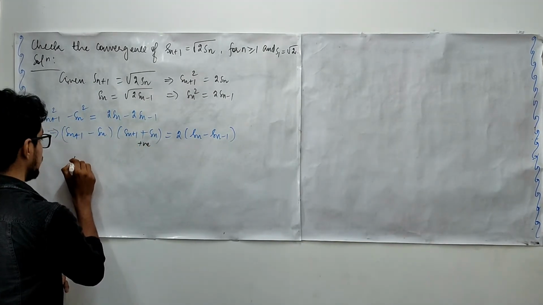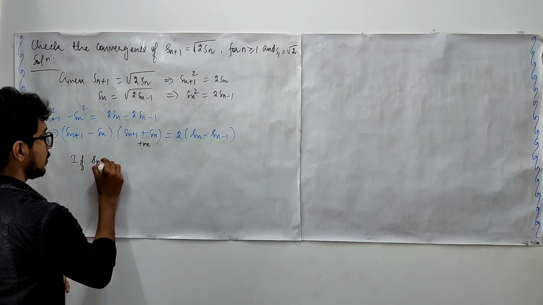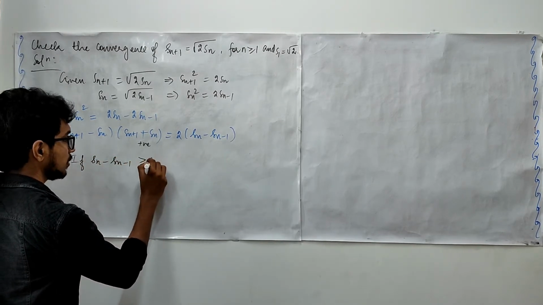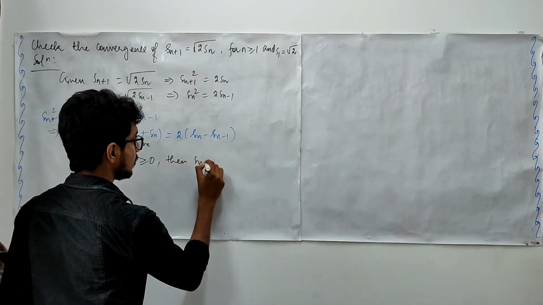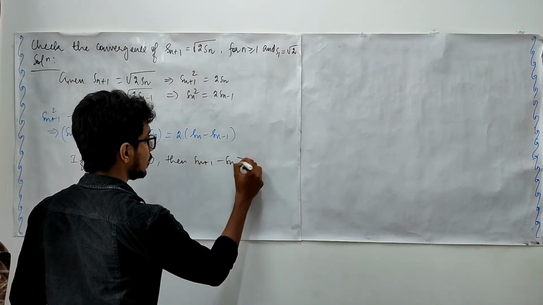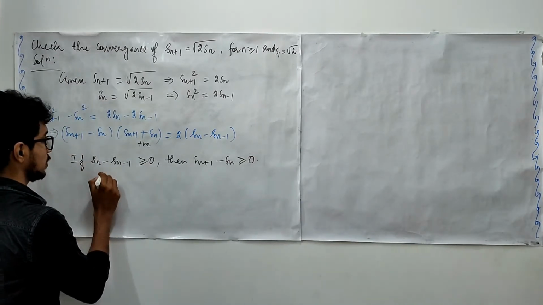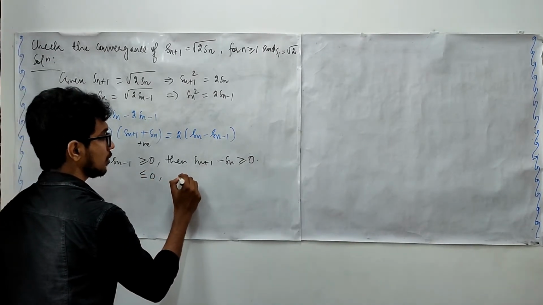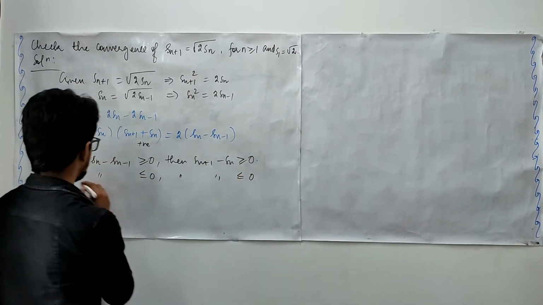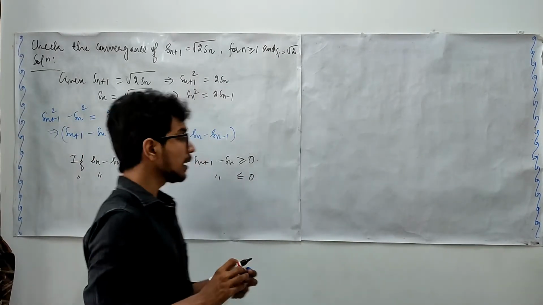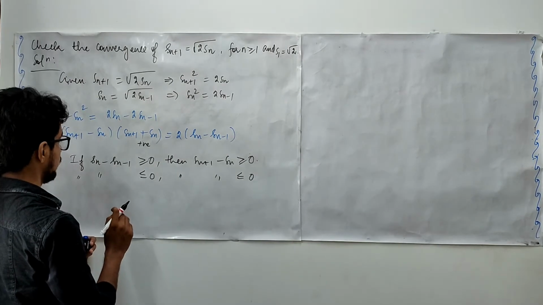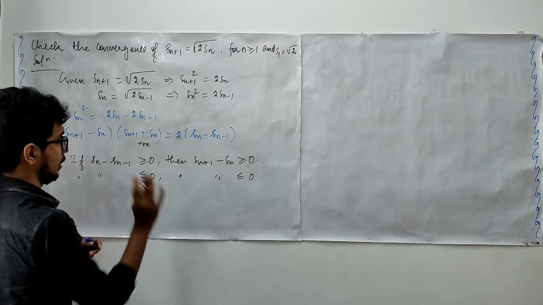Okay? That is, if Sn minus Sn minus 1 is bigger than or equal 0, then Sn plus 1 minus Sn will be bigger than or equal 0. Suppose if this is smaller than or equal 0, then this will be smaller than or equal 0. Okay, this value is going to decide. Similarly, right.